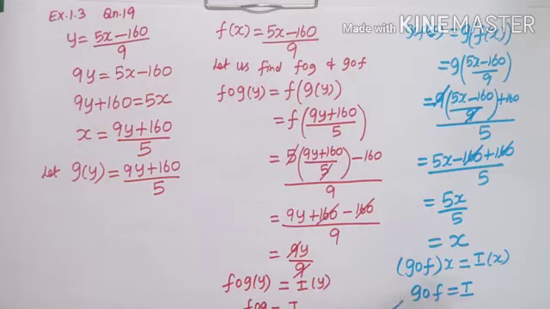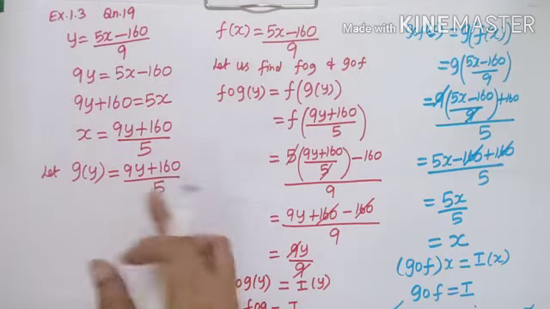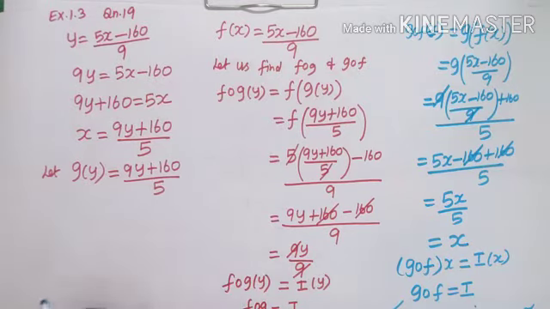These two together imply f and g are inverses of each other. So I am able to say f inverse of x is equal to, from g of y, replace y by x in g of y, because g is the inverse of f.